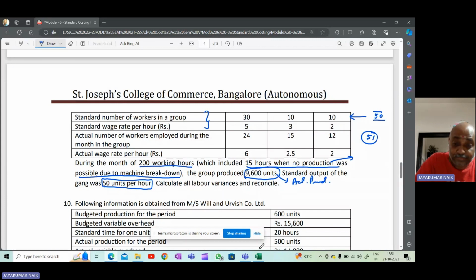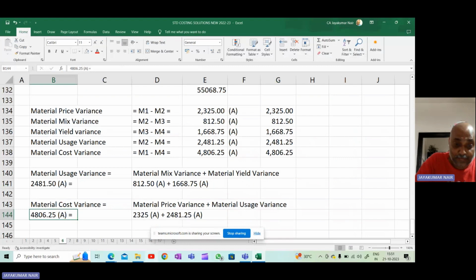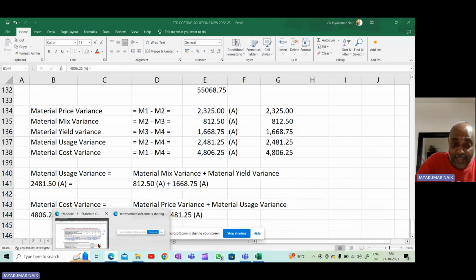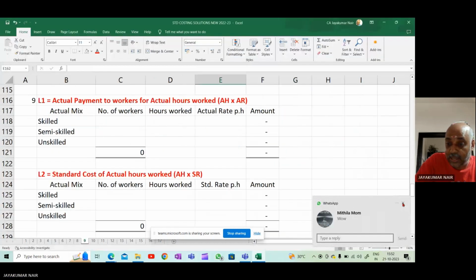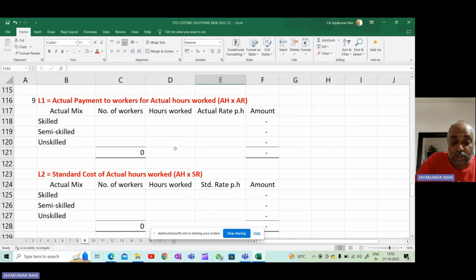We will see now. In the same manner as you did the material variances, in the same fashion we will also be doing the labor variances. So the first one is, there it was actual cost of actual material used. So here also the same thing, actual payment to workers. Here you are paying the workers, so actual payment to workers for the actual hours worked.